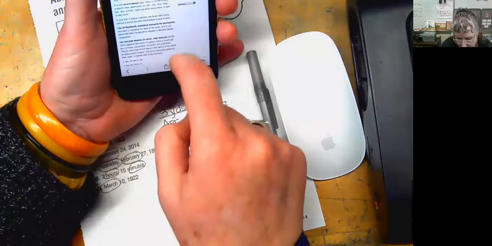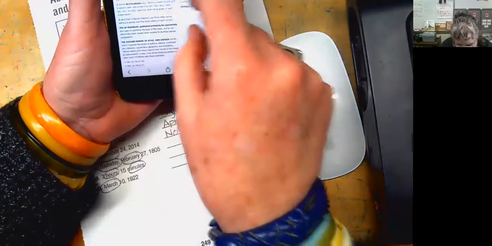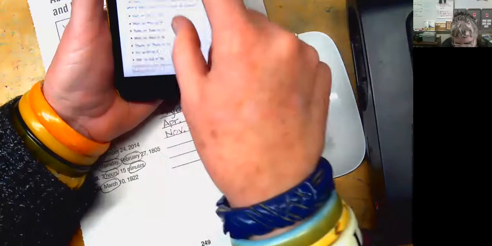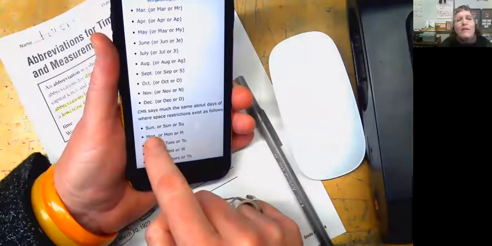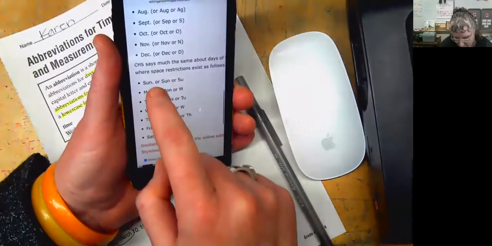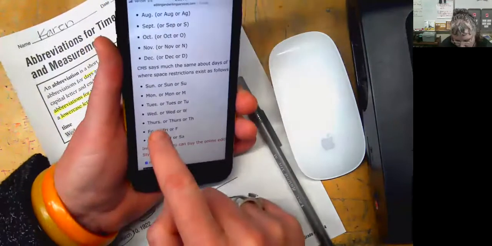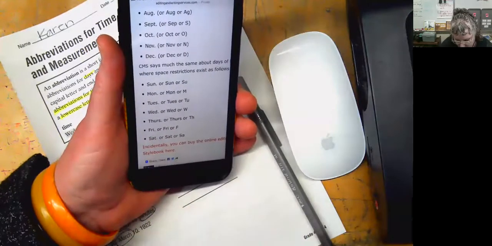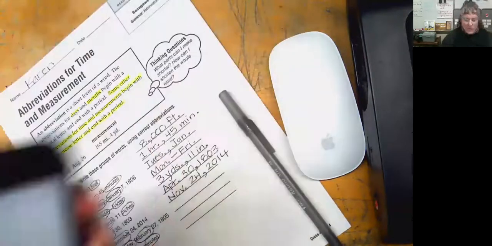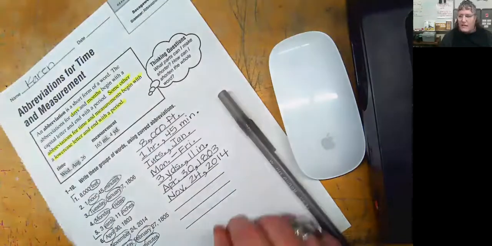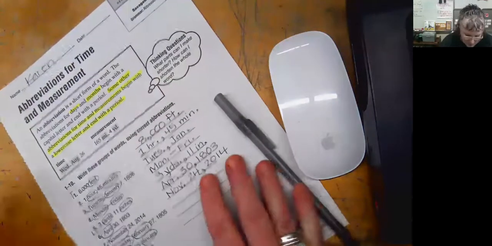Oh no, it got tiny all of a sudden. November is NOV, sorry, NOV period, right? If we're looking for days, we have Sun, Mon, Tues, Wed, then we have Thurs, Fri, Sat. Okay, so since you guys have Chromebooks, the handy thing is you can just look up if you aren't sure what the appropriate abbreviation is.